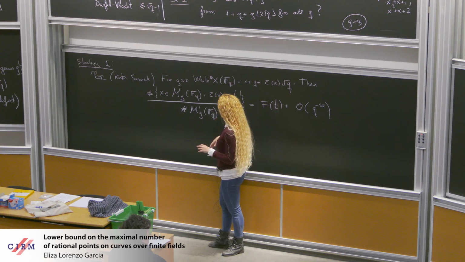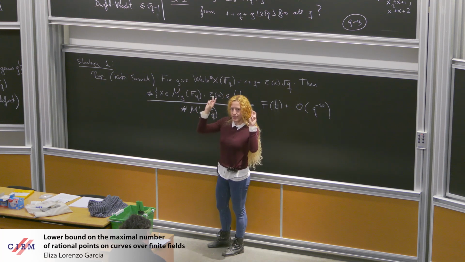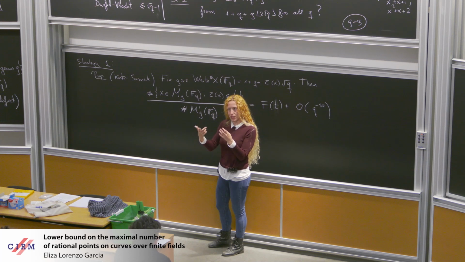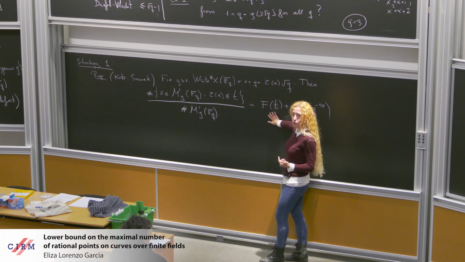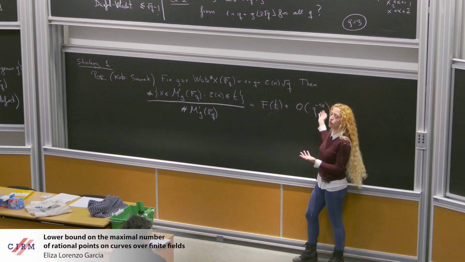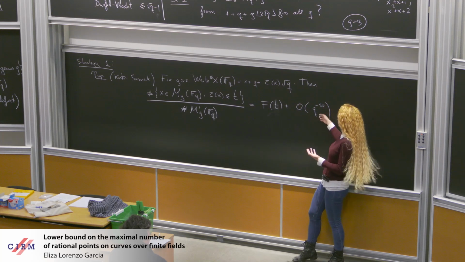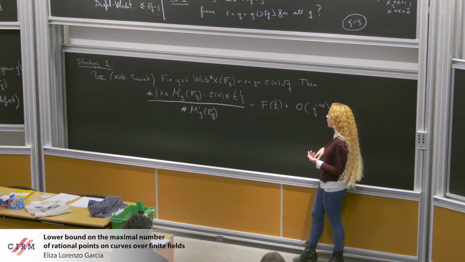Basically, the Katz-Sarnak theory tells you that when you have a nice family of curves, then the distribution of the Frobenius in this family is given by the monodromy group of the family. And the function that I wrote here is a distribution function for the monodromy group of the family. And then you have some error of this order.